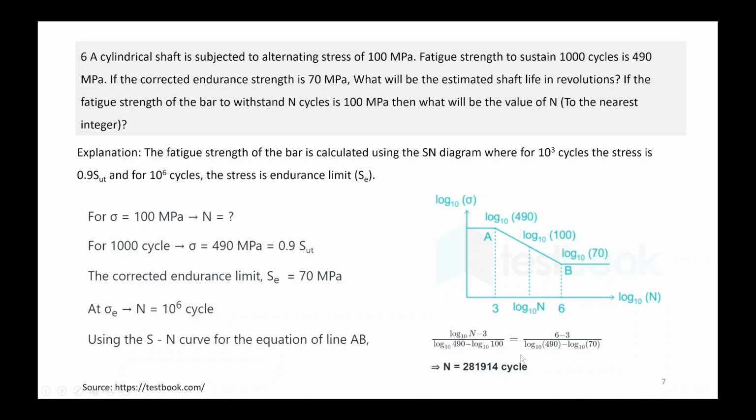Now by solving this, we get the number of cycles as 2,81,914 cycles.